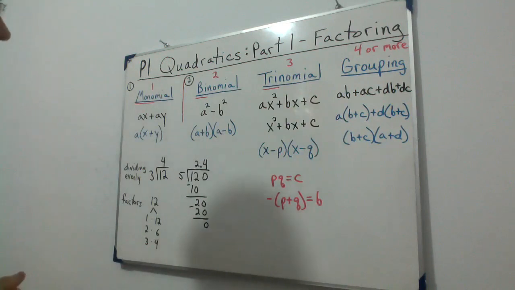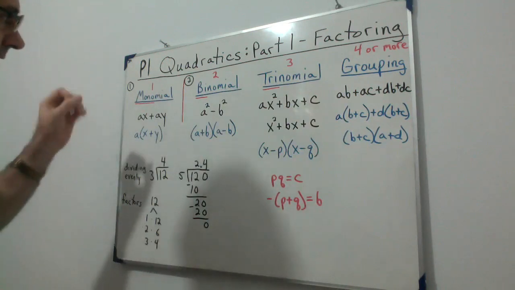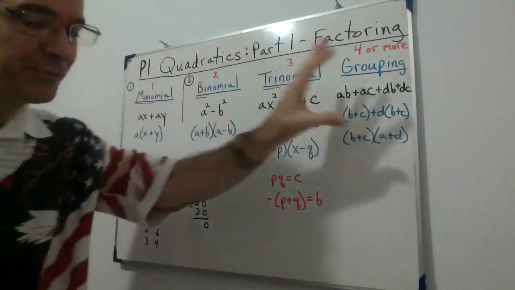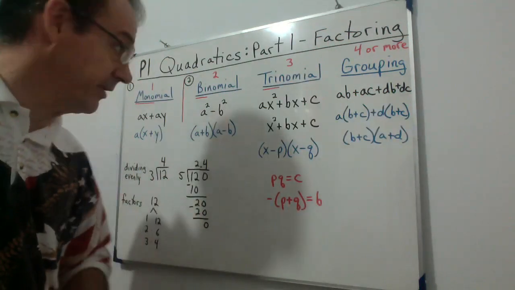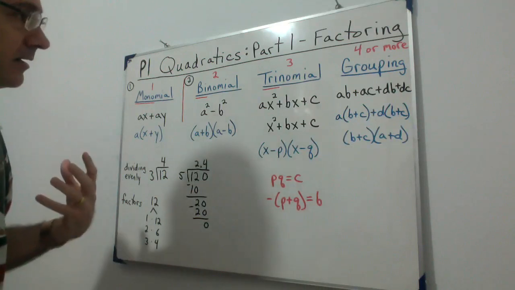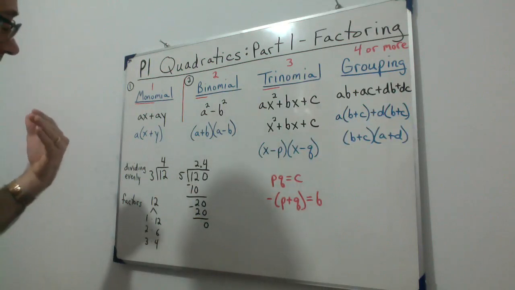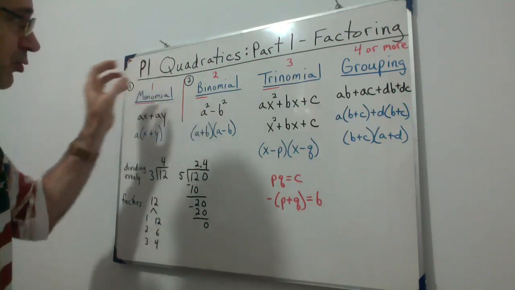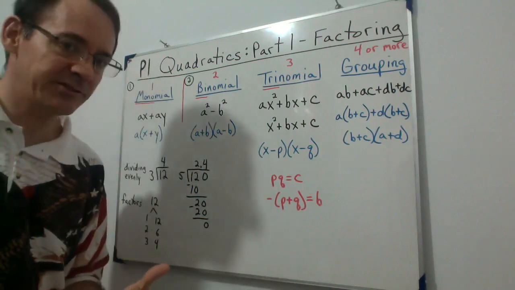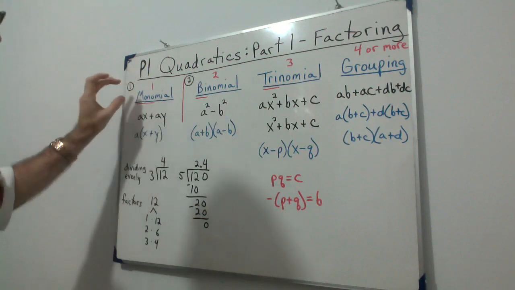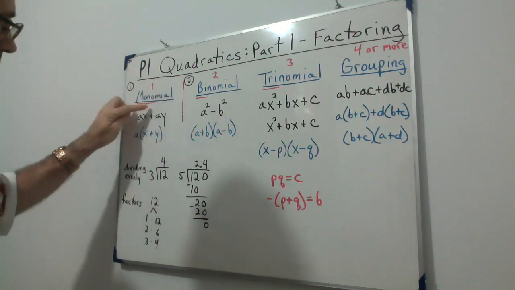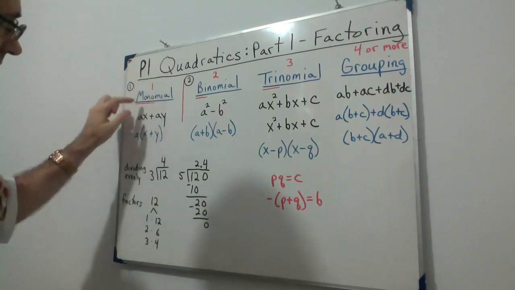So basically in algebra, you're going to have 4 different general types of factoring, and we're going to divide it into 2 questions that you should ask yourself. And we see these types: monomial. Mono means 1. Monomial means 1 term.